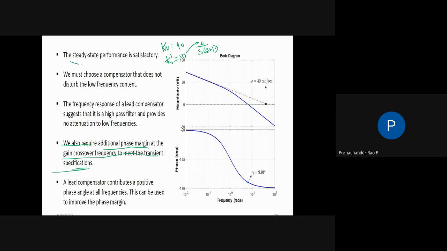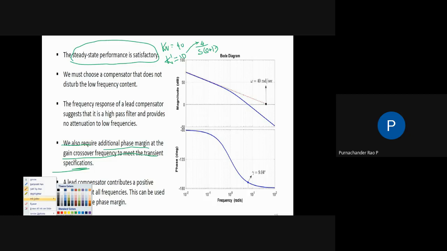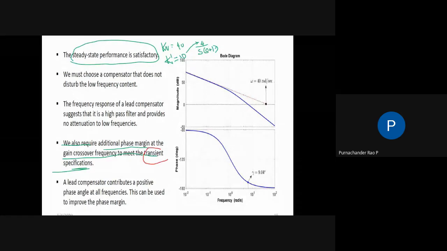So here we are meeting the steady state specification. Now we have to see the transient specifications. The transient specifications can be obtained with the help of the additional phase margin, which can be added. A lead compensator contributes a phase angle at all frequencies, so this can be used to improve the phase margin of a system.